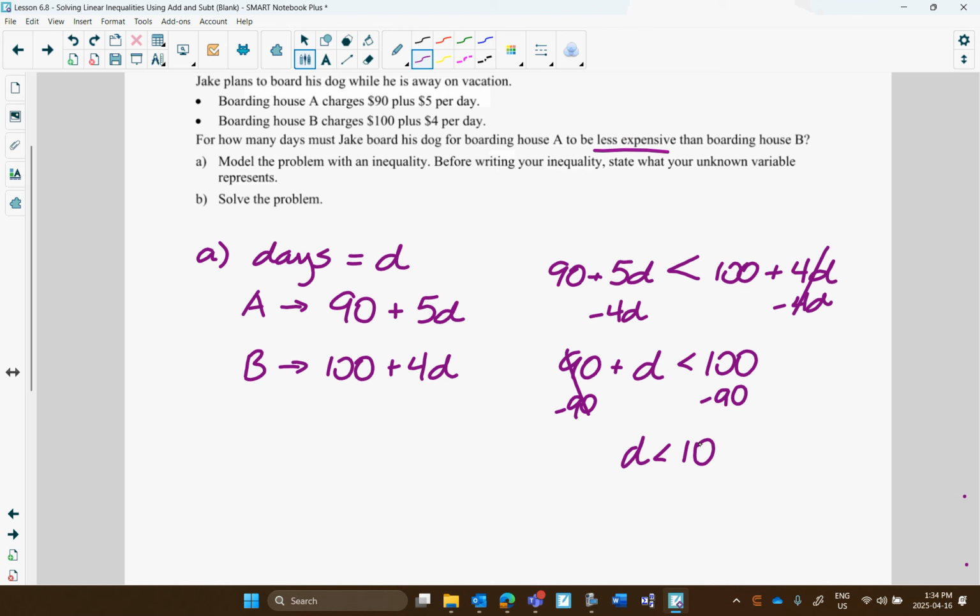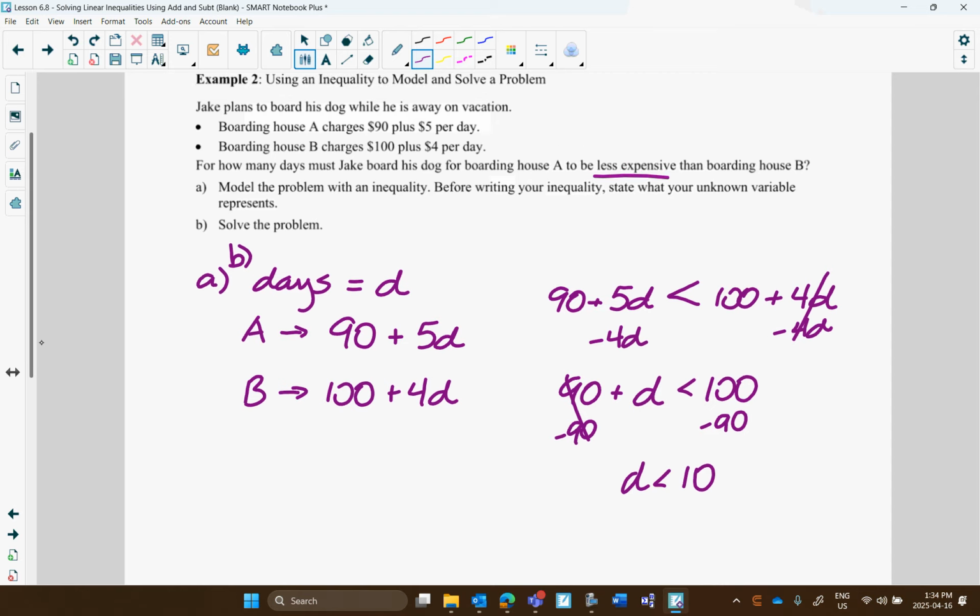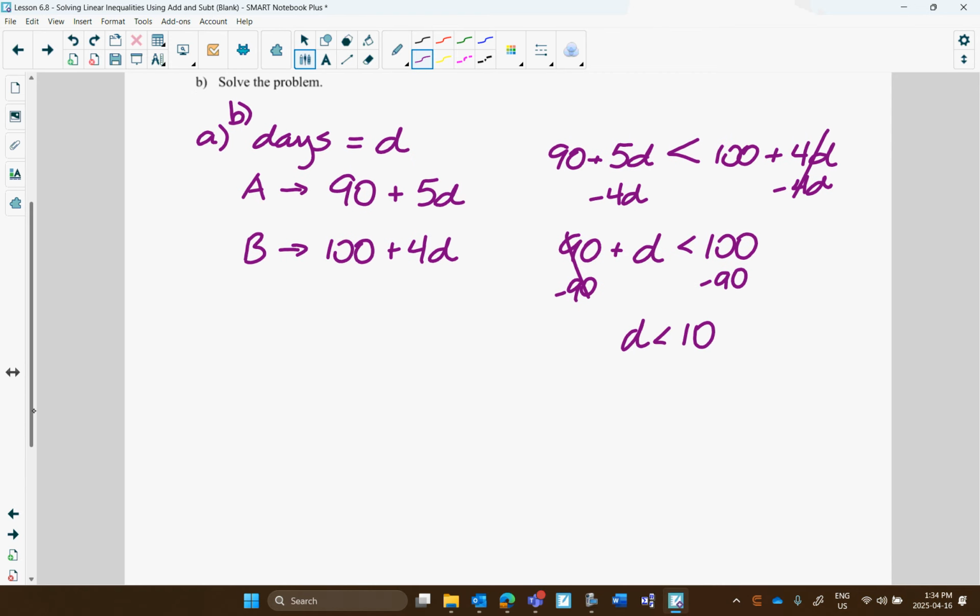We're actually doing A and B together at the same time. So he must board his dog for, how am I going to say it? I can't say 10 because D is not equal to 10.